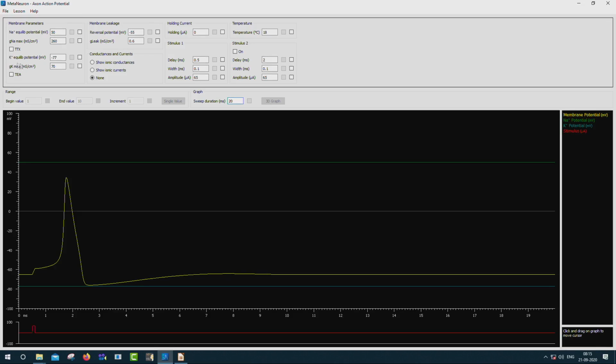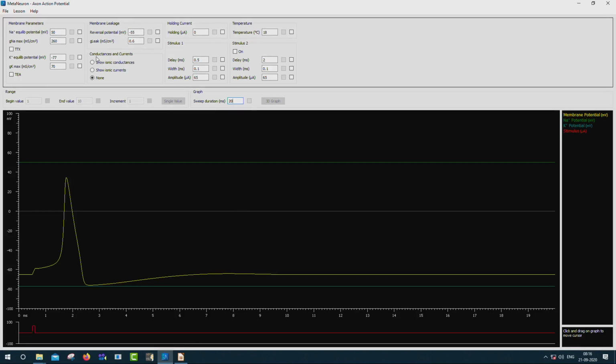Likewise, the potassium equilibrium potential is minus 77, and the G max is 70. The green trace reflects the sodium equilibrium potential at these concentrations. The blue line reflects the potassium equilibrium potential, again at these concentrations. And these are the reversal potentials for the membrane leak, so we can ignore it.